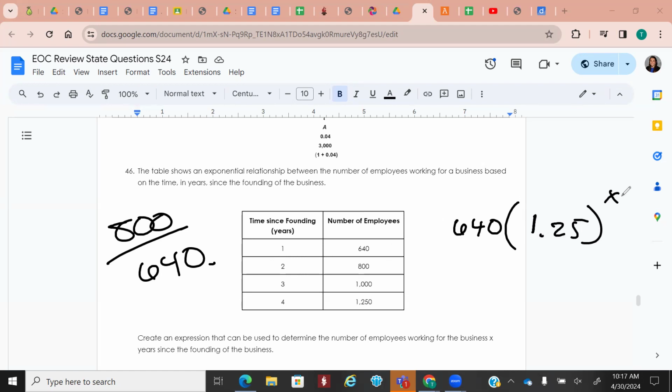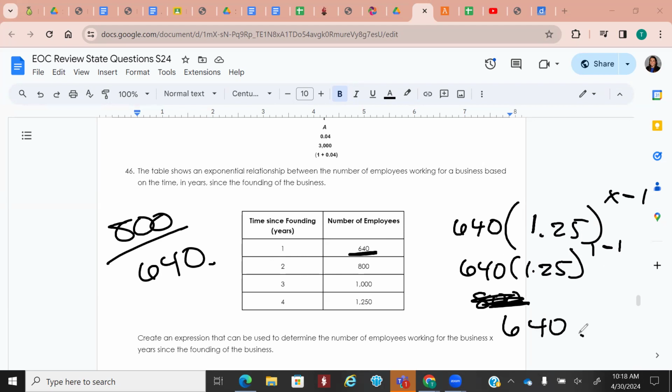So if I plugged 1 into this equation, what would I get? You would get 800. Is that what 1 is in the table? No. So that's why we've got to put an x minus 1. Because if we put the minus 1, then that gives us 640. Does that make sense? Yep. You can always check yourself when you're doing this kind of stuff. There's no reason to get these questions wrong. Okay?